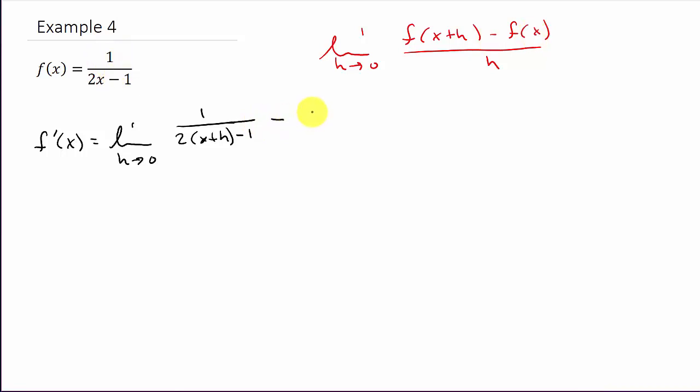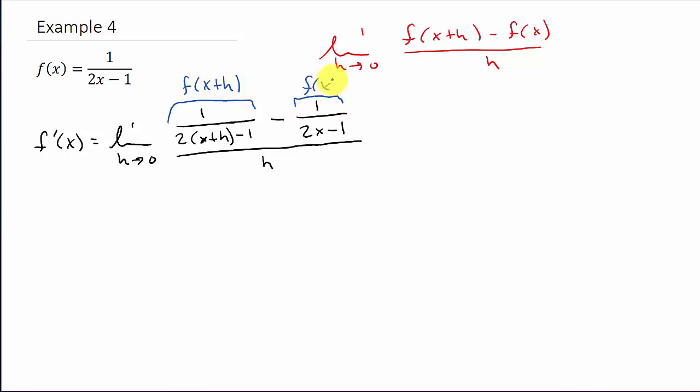Here's f of x: 1 over 2x minus 1, and then all of that is over h. So this is our f of x plus h, and this is our f of x. All I did is replace x with x plus h for this part.